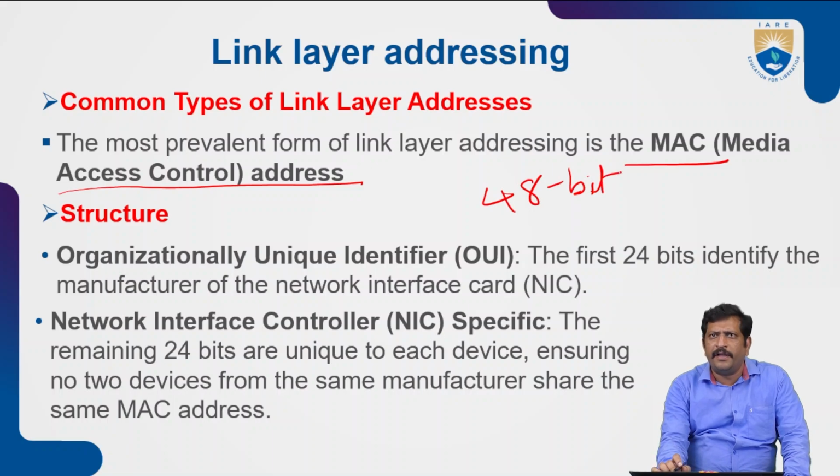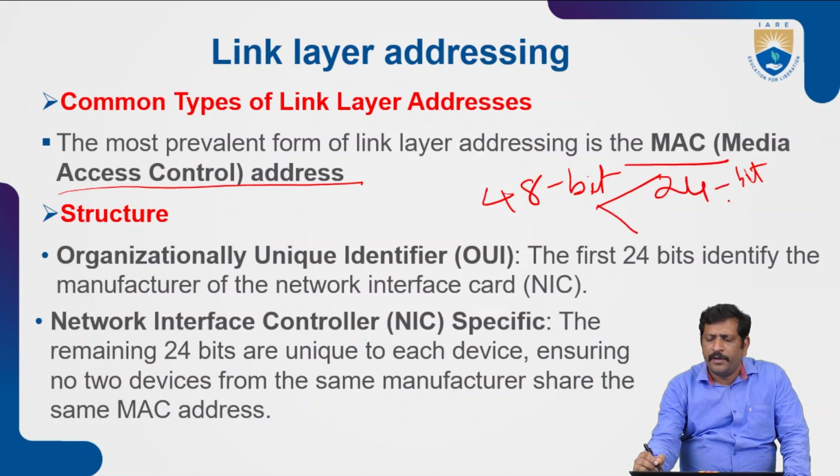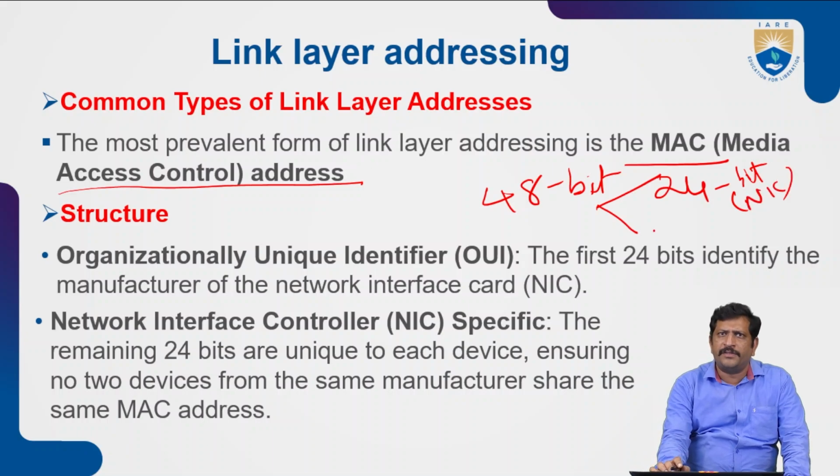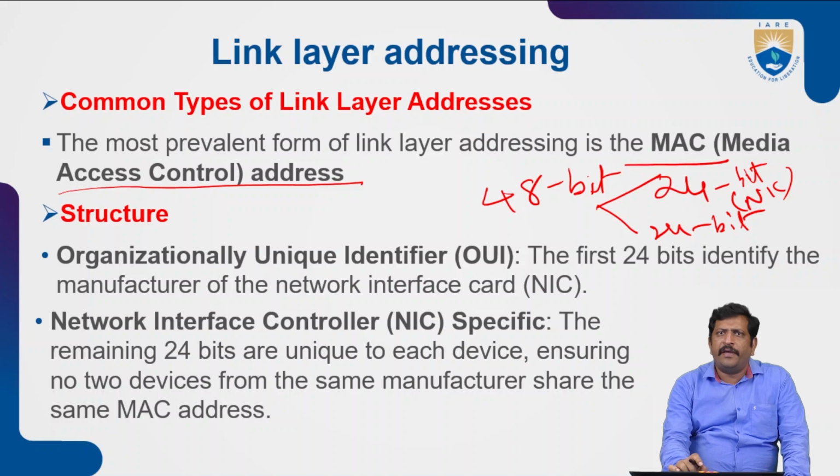Of these 48 bits, 24 bits identify the manufacturer of the network interface card, and the remaining 24 bits uniquely identify the device. That part is network interface controller specific.